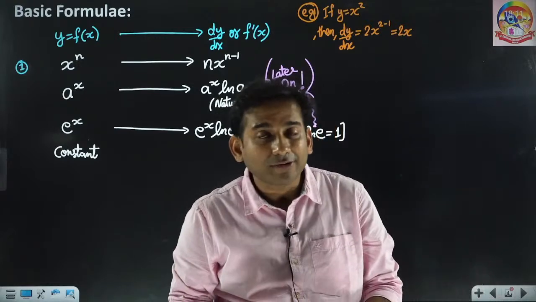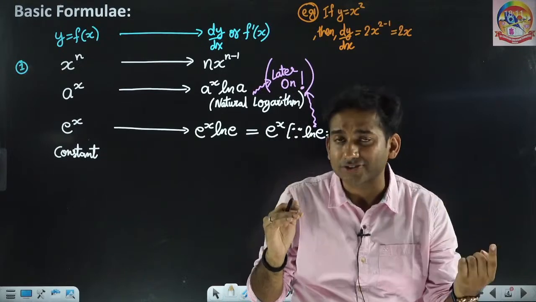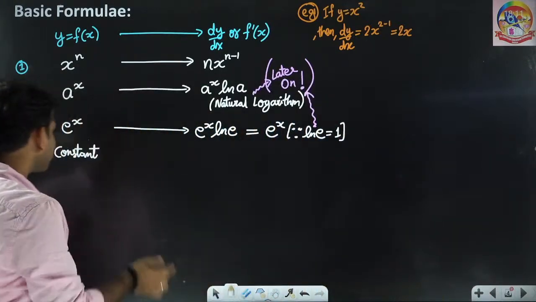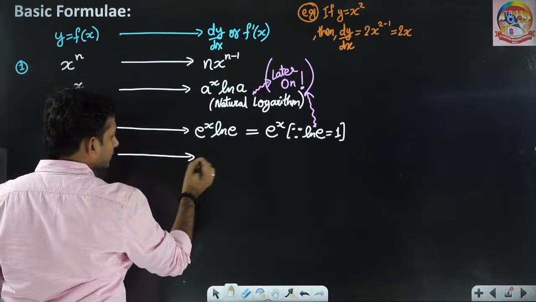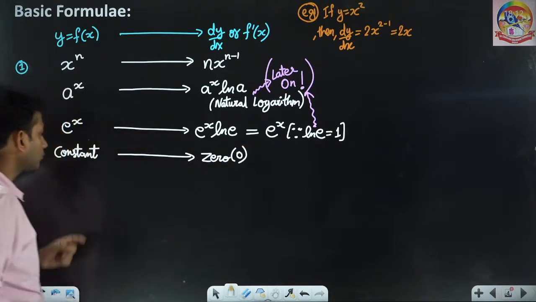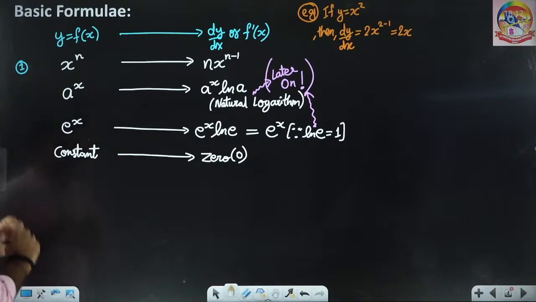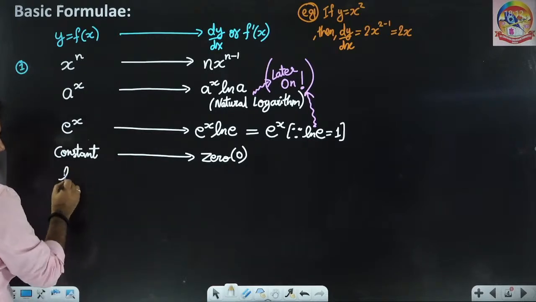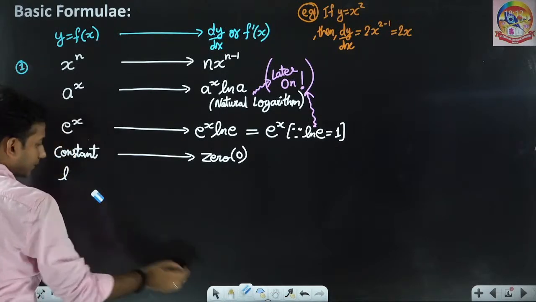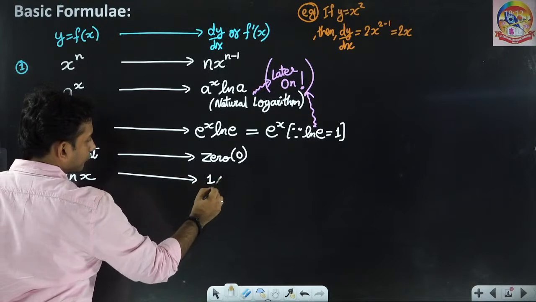If I ask what will be the change in a constant, the answer is, sir, there is no change. So the change is 0. So the differentiation of a constant is 0. Remember it. Now another type of function, log x, basically ln x, natural log x. Its derivative is 1 by x.